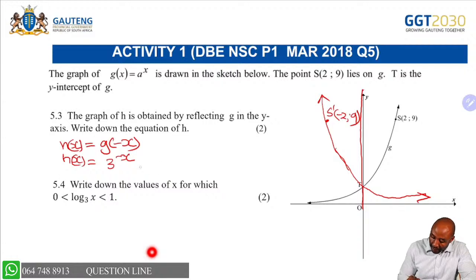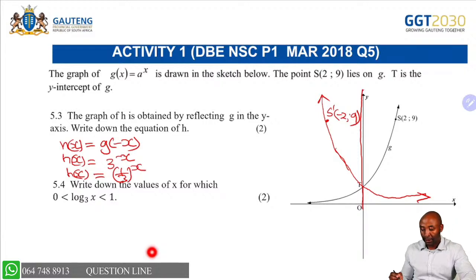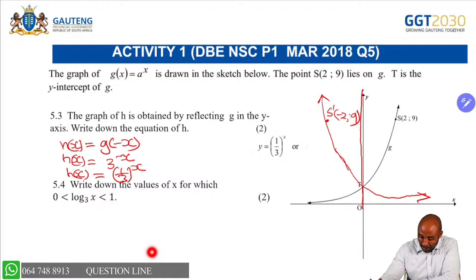Using our laws of exponents, remember, we said 3 to the power -x, we can write it as 3 to the power -1, to the power x, which will give us (1/3) to the power x. So that's 2 marks. We move on now.